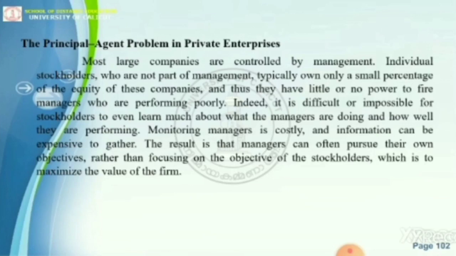Indeed, it is difficult or impossible for stockholders to even learn much about what the managers are doing and how well they are performing. So, monitoring managers is costly and information can be expensive together. The result is that managers can often pursue their own objectives rather than focusing on the objective of the stockholders, which is to maximize the value of the firm.